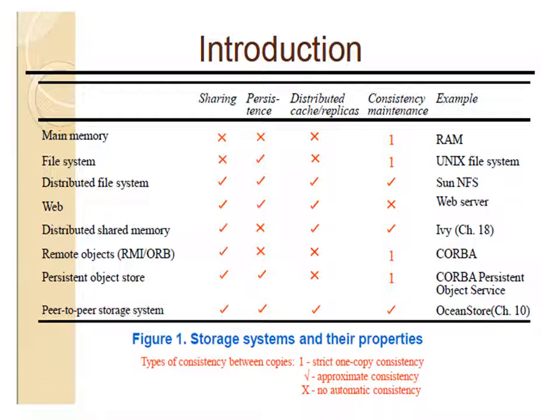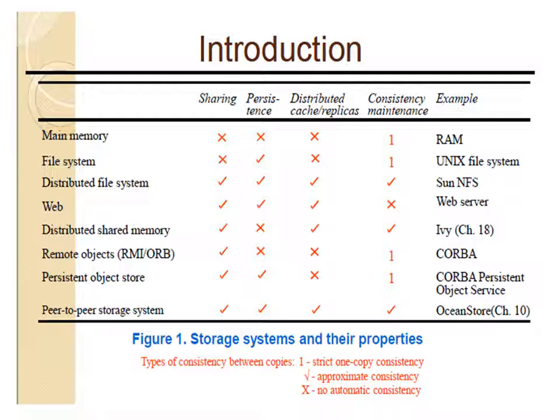The third one, distributed file system. The distributed file system can be shared and it is persistent, distributed cache will be there, and consistency maintenance will also be there. An example for distributed file system is Sun network file system.